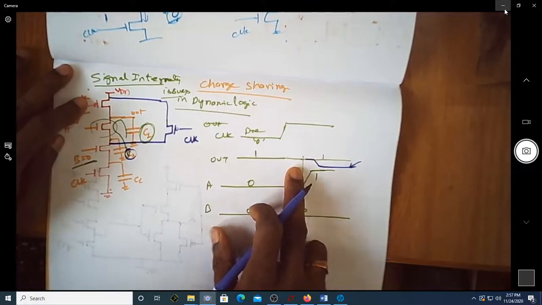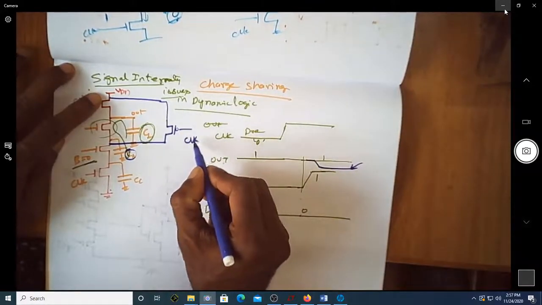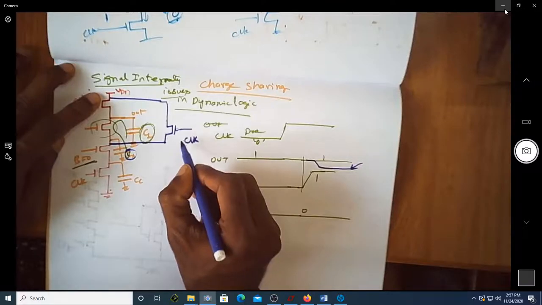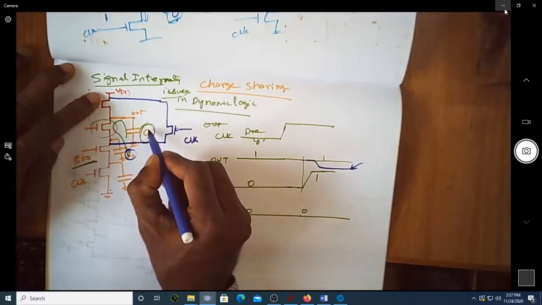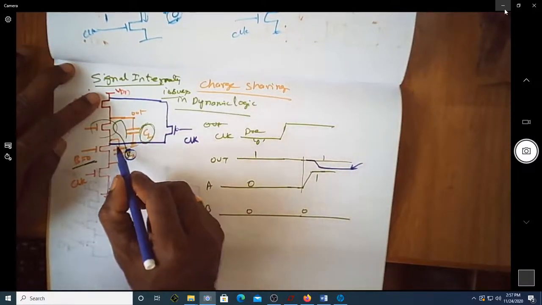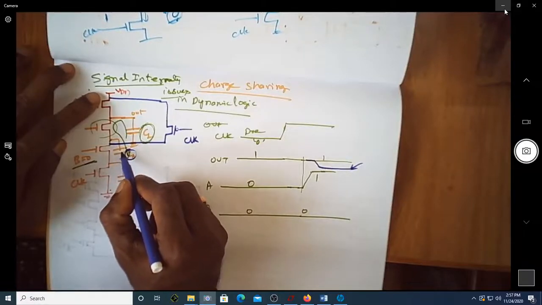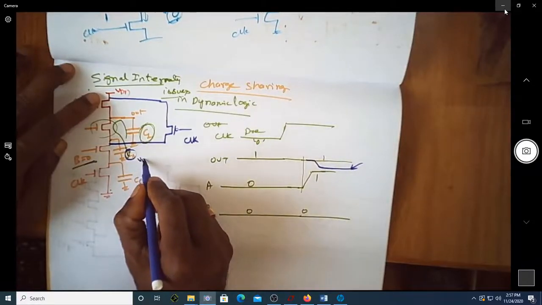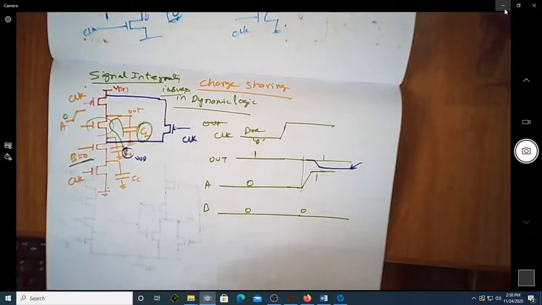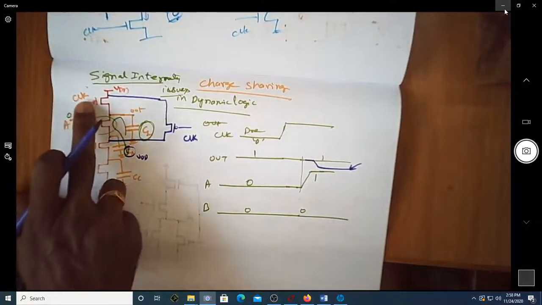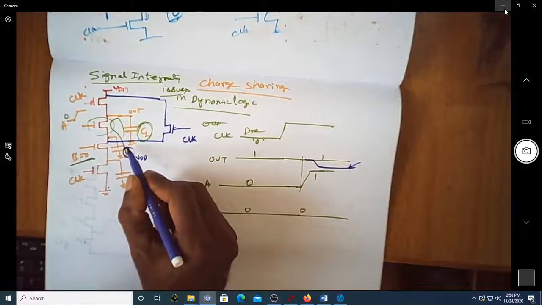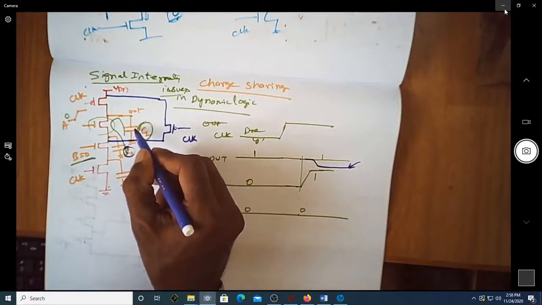During the pre-charge period, along with charging this CL to VDD, the intermediate node capacitor is also charged to VDD. So during the evaluation period, even though you make this equal to 1, since this was already charged to VDD, this is also charged to VDD.